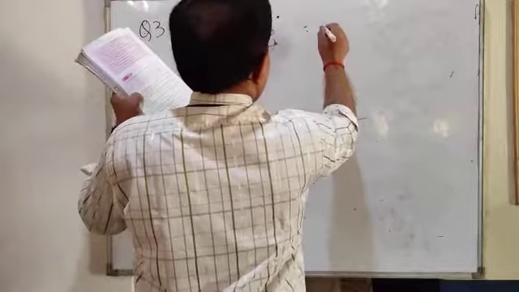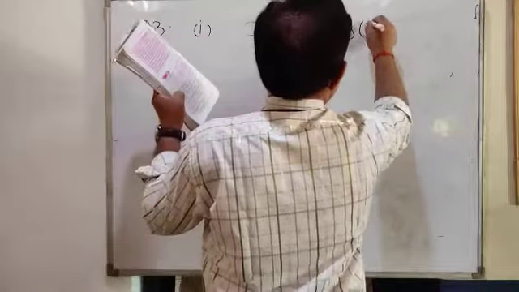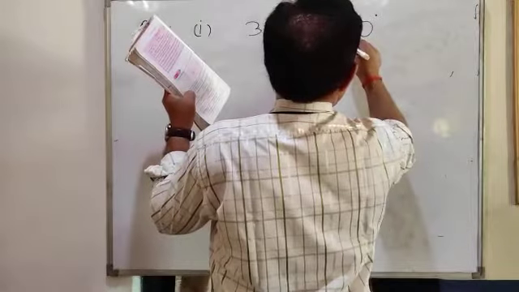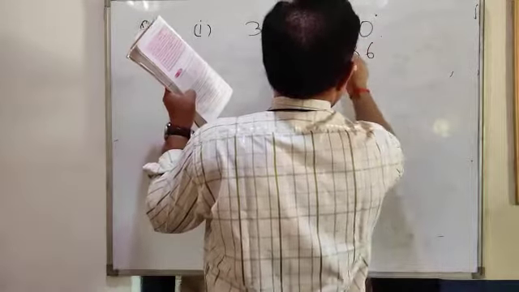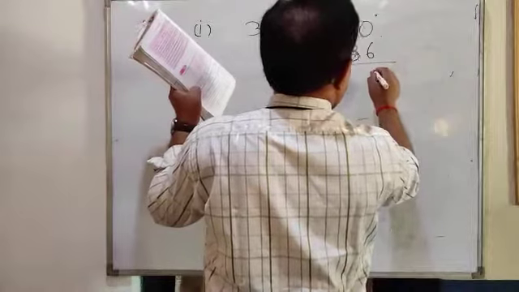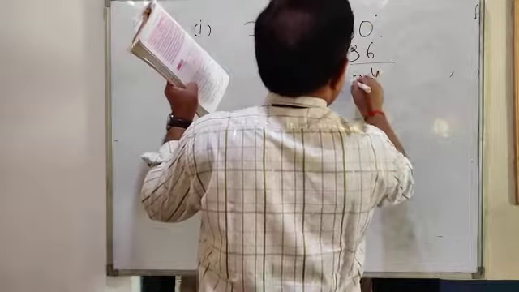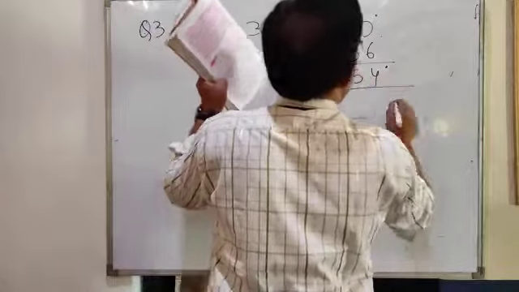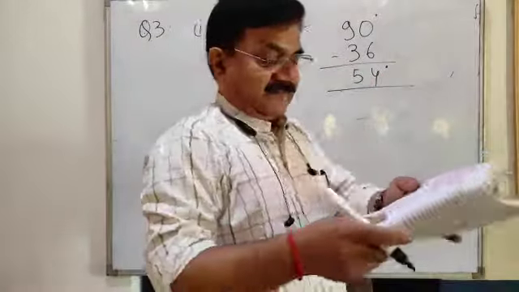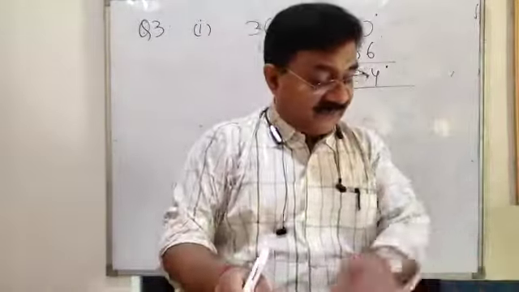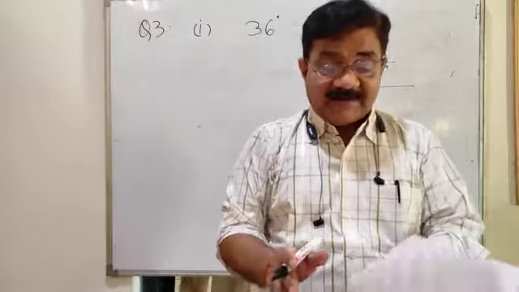Very easy. Subtract it from 90 degrees. 90 minus 36. 10 minus 6 is 4, and 8 minus 3 is 5. So 54 degrees is the answer. So it is very easy to find the complement.